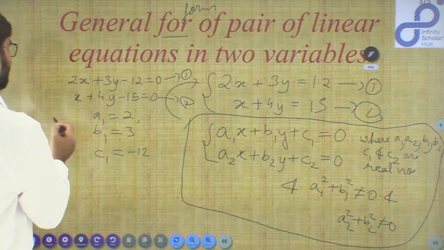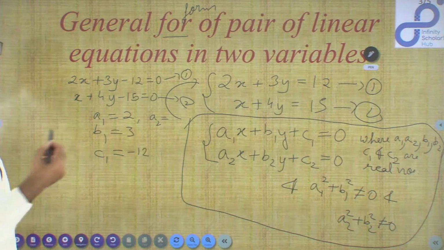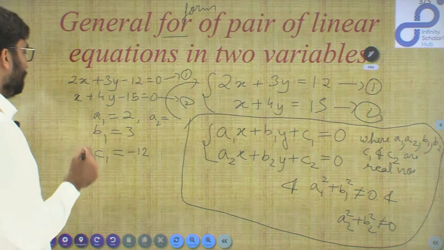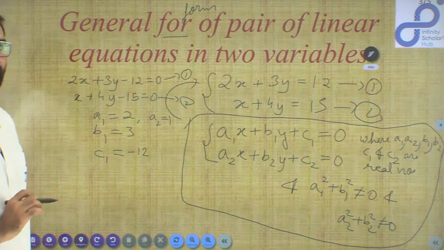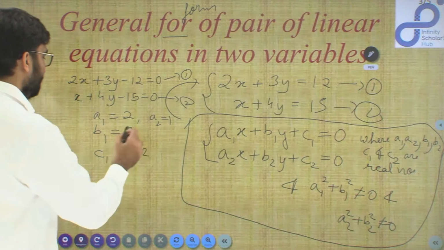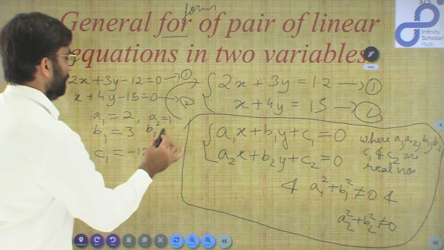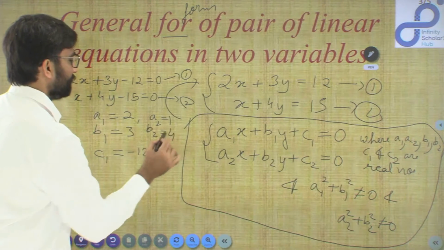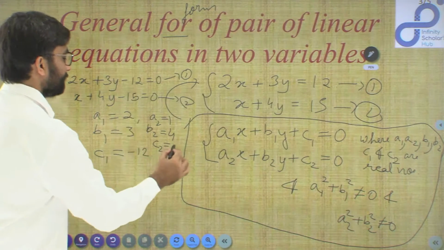Likewise, a2 will be equal to the coefficient of x of the second equation, so that will be 1, because there is nothing present with x, that means it is 1x. Then b2 will be equal to 4, the coefficient of y in the second equation, and c2 will be equal to minus 15.